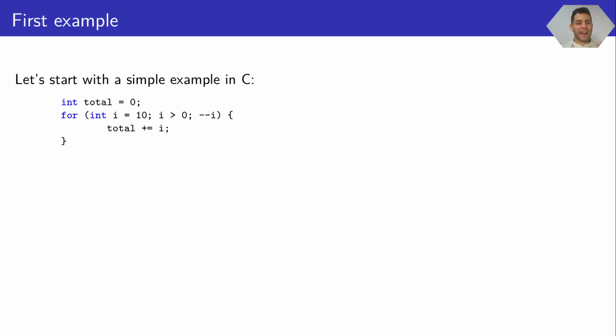Okay, finally we have enough knowledge to see a very first simple example. We are taking this simple snippet in C and we're going to translate this program into ARM assembly. And you will see this problem very often when we are dealing with the compiler. The compiler is a tool that is able to translate a high level language like C into assembly code.